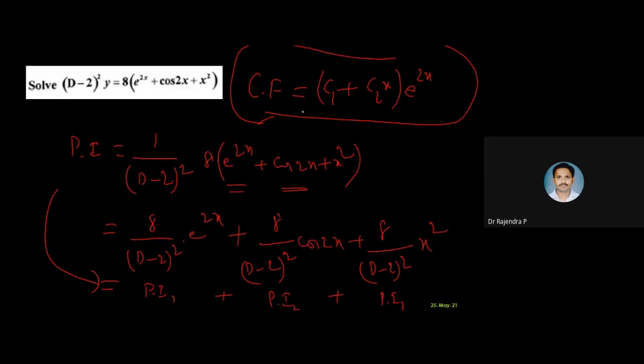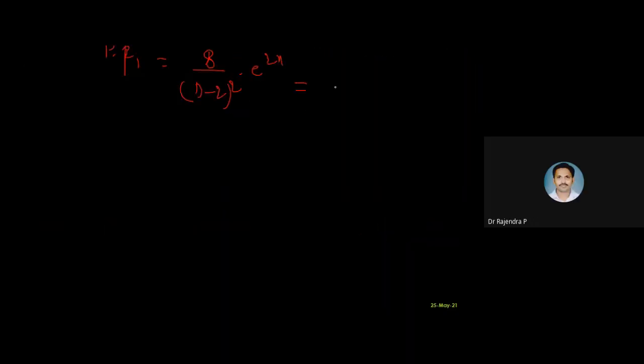Can I do it better? I will take the particular integral 1 by D minus 2 whole square, of course, this is 8 into e power 2x. Is it correct? Yes, sir. If you substitute, I'm getting 0. So what I will do is supply x to the numerator and differentiate the denominator: 2 into D minus 2 whole power 1, and then e power 2x.